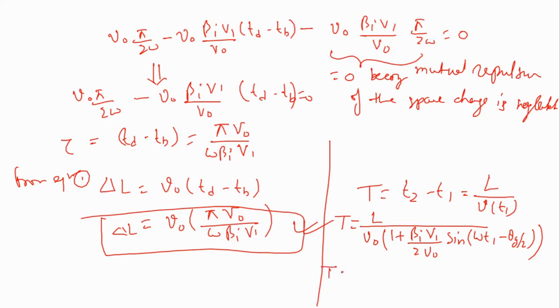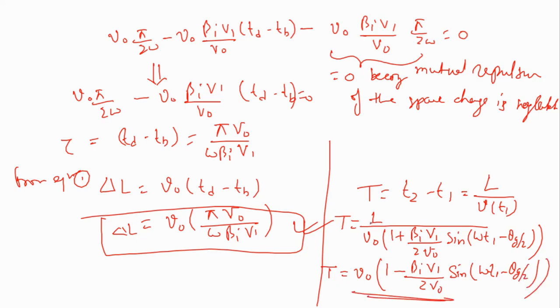So this can be replaced as T is equal to T naught into 1 minus beta I V1 divided by 2 V naught into sine omega T1 minus theta G by 2, where this L by V naught is nothing but this T naught value. T naught is nothing but the DC transit time. Now if we use this T in terms of radians, we can multiply with the omega.